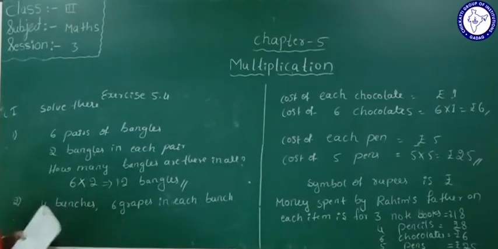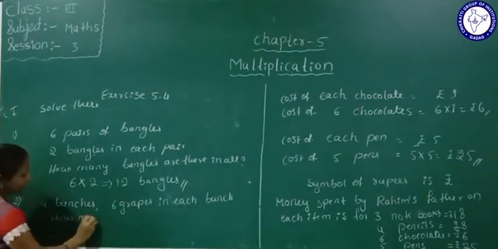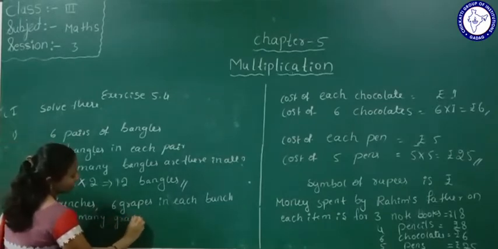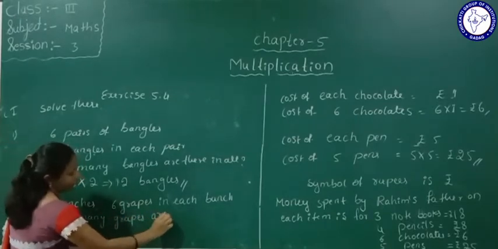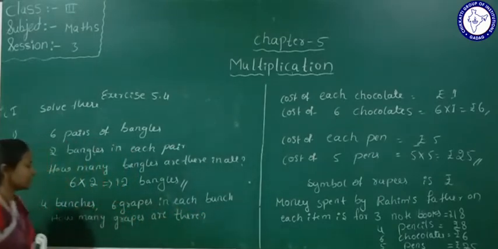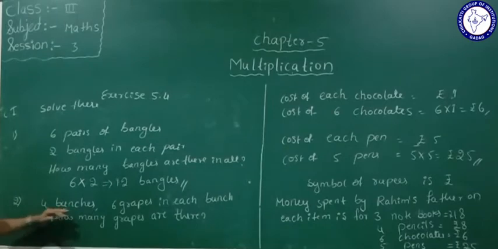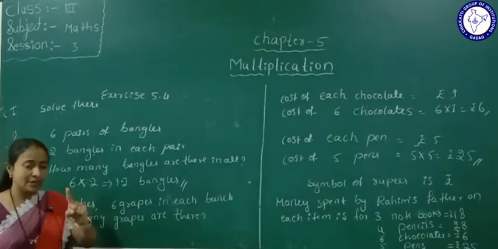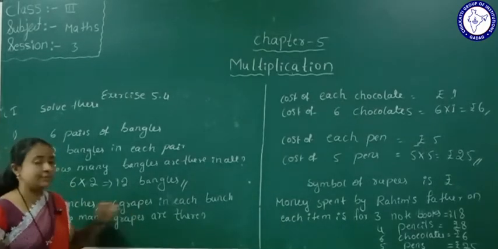How many grapes are there in total? Okay, see students, 4 bunches are there. In one bunch here 6 grapes are there.